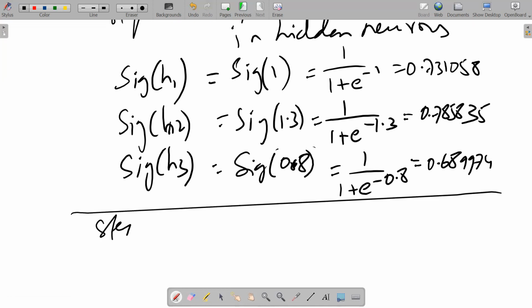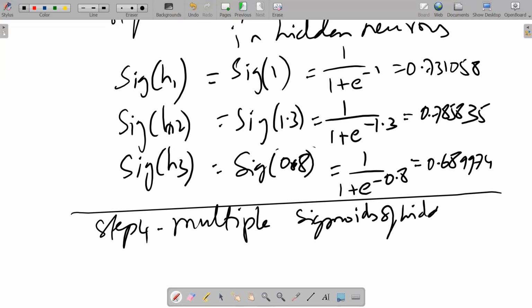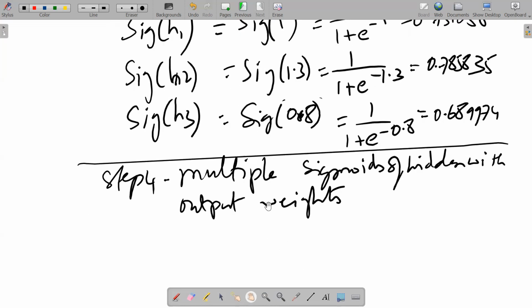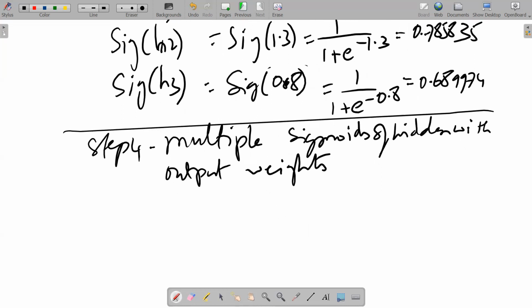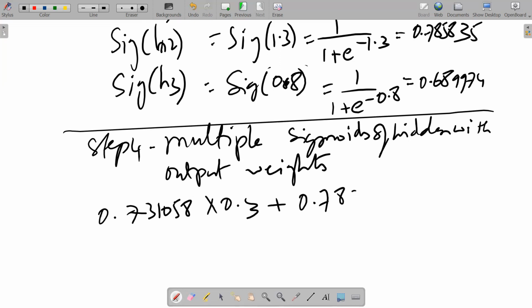Step 4. Multiply the sigmoids of the hidden layer with the output weights, which is 0.731058 into 0.3, plus 0.785885 into 0.5, plus 0.689974 into 0.9.